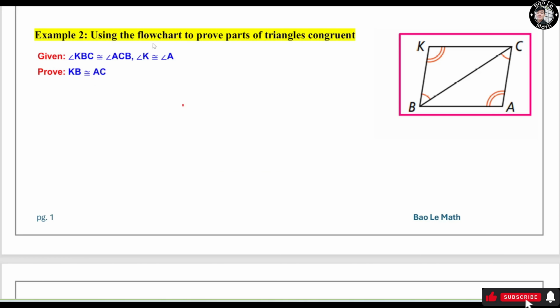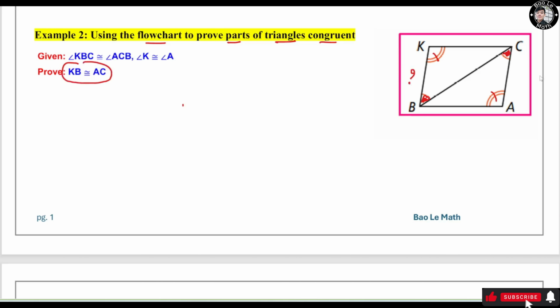Example number 2, we're going to use the flowchart to prove parts of triangles congruent. Given angle KBC congruent to angle ACB, and angle K congruent to angle A, we need to prove that KB is congruent to AC.